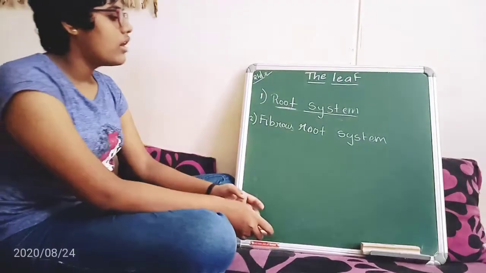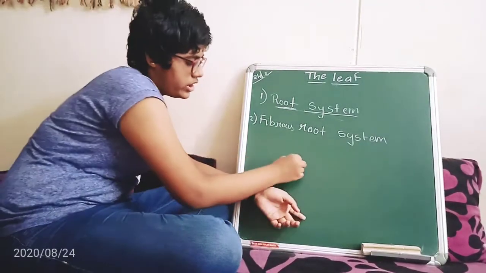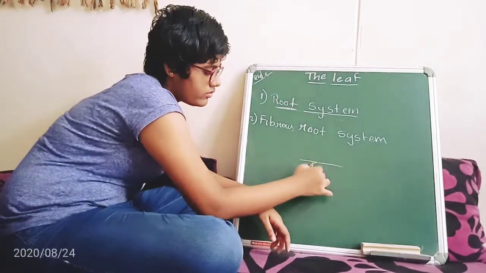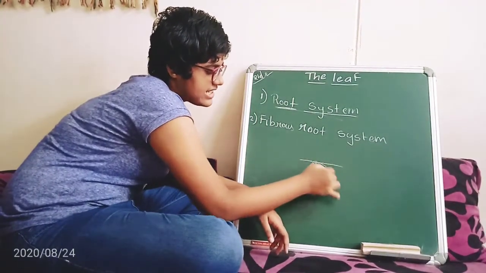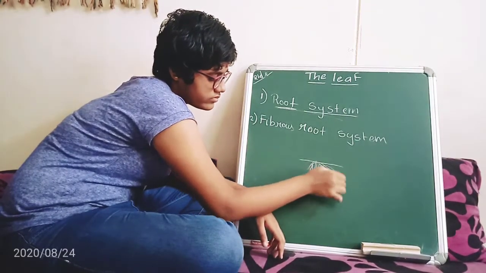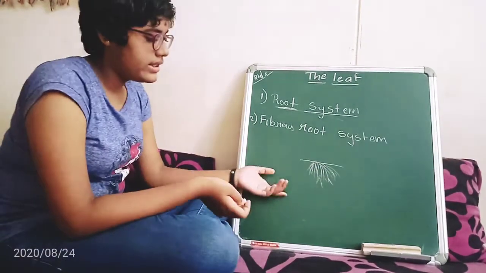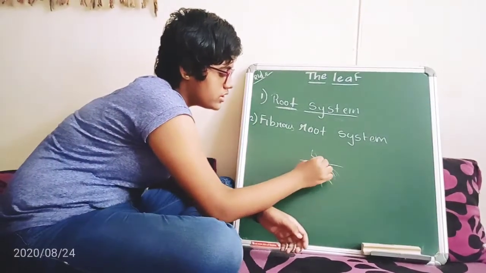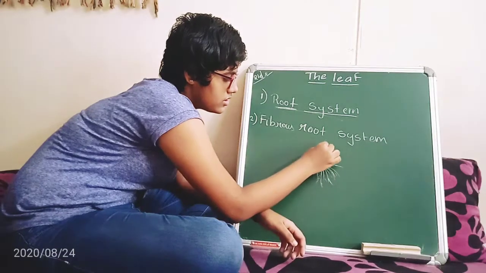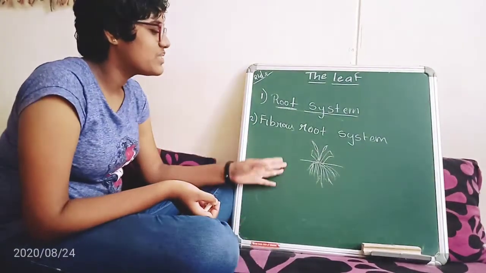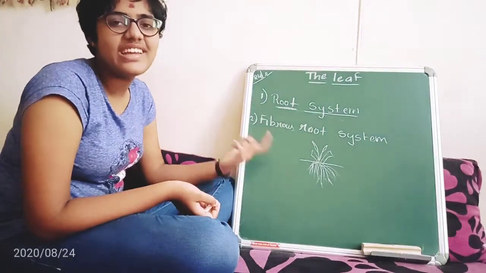Okay. Now I draw the diagram of fibrous root. Nothing, hair-like structure. This is the fibrous root and this is the stem. Direct leaves. Okay, so direct leaves where you can see in grass.